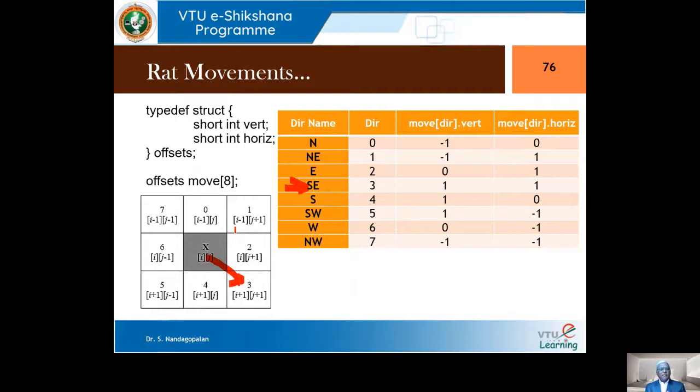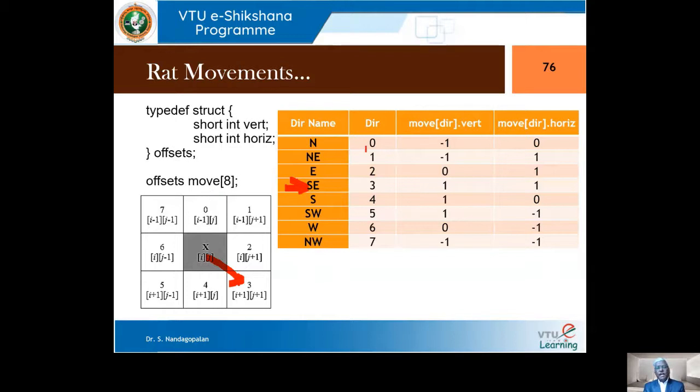So this i-1 or j+1, j-1, all these things are indicated with respect to the structure members, vertical and horizontal. That's what are called offsets, and this entire thing is going to be stored as an array of structures where move is the variable.